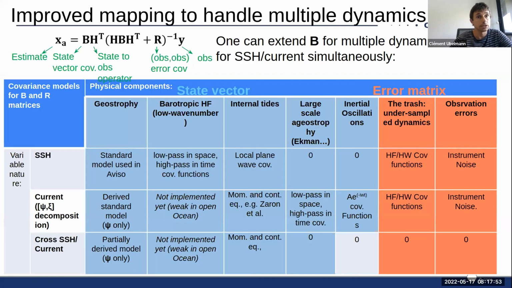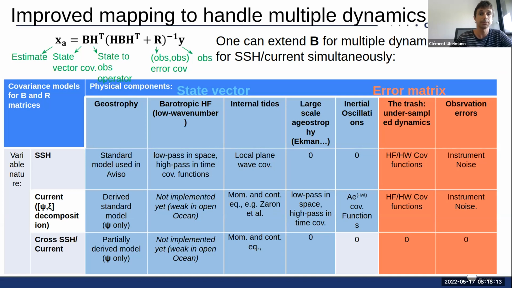But actually, we can take advantage of NIOs and the fact that it's a narrow band signal, meaning that even if the scale itself is short, the oscillations are predictable and have some coherency over a few oscillations.